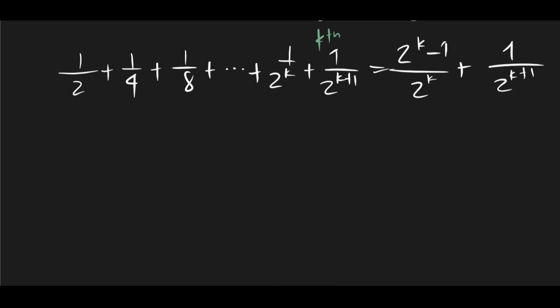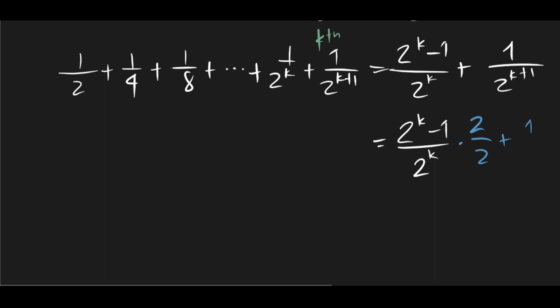In order to get the same rational expression right here, we will do this one: (2 raised to k minus 1) all over 2 raised to k, and now we will multiply that by 2 over 2. So this is the same thing, right? Plus 1 over 2 raised to k plus 1.